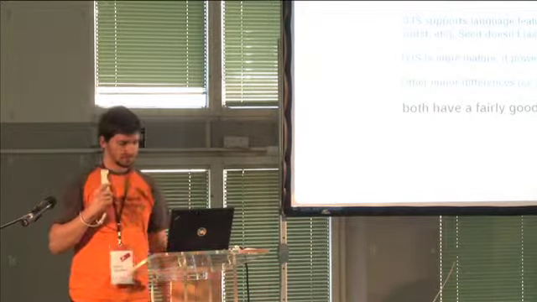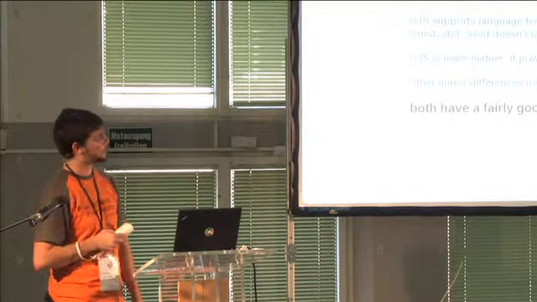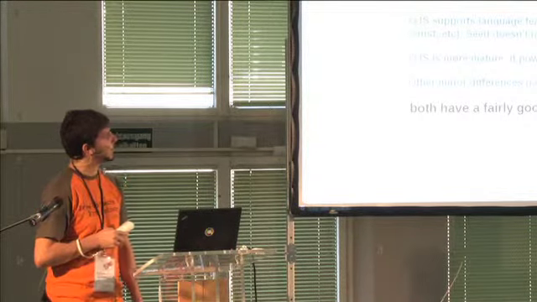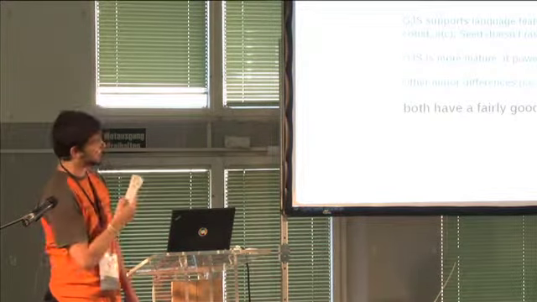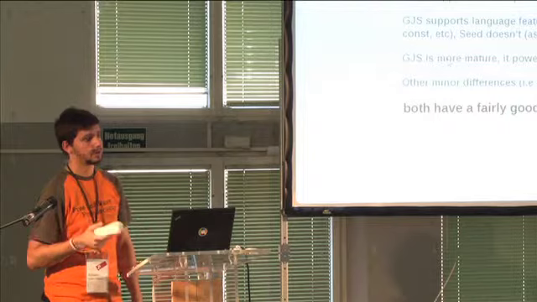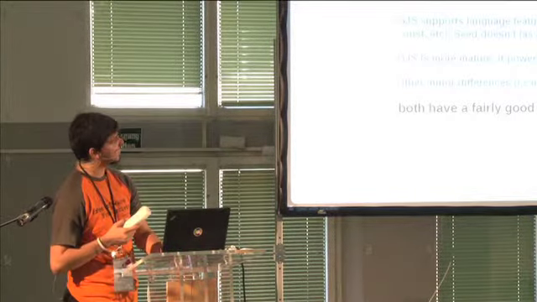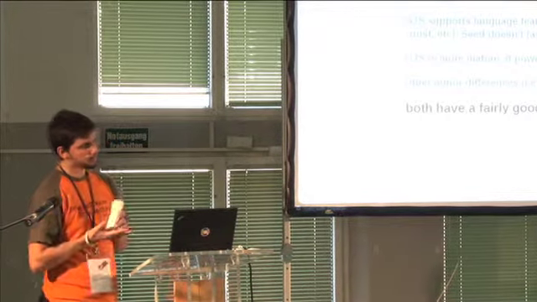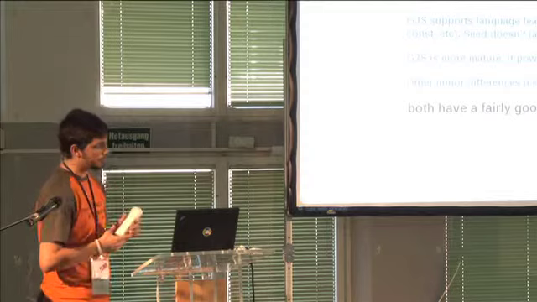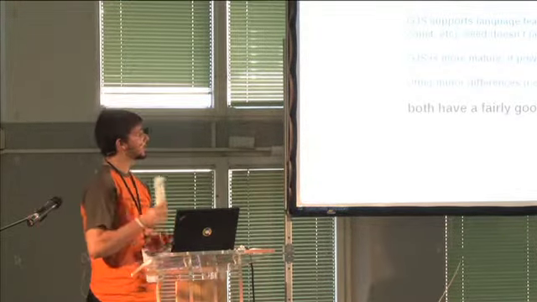SpiderMonkey supports some of the Harmony ES features. This is actually a problem right now because a lot of the GNOME Shell code is written using let and const everywhere, taking advantage of the features that are already available in the SpiderMonkey engine. But the JavaScriptCore engine in Seed still doesn't support those.